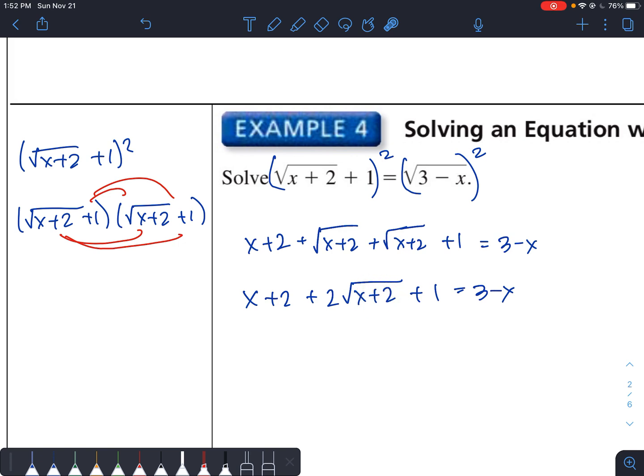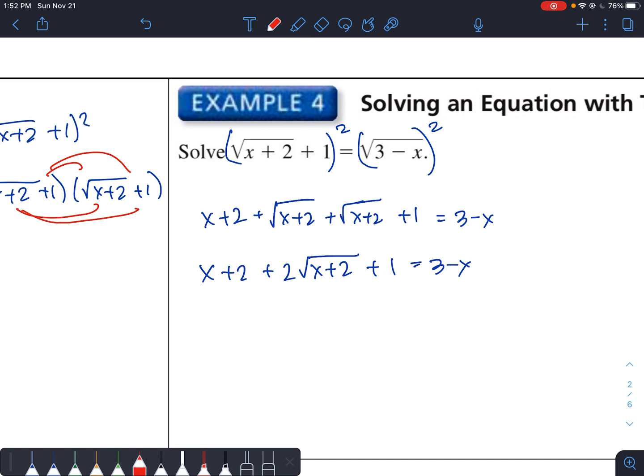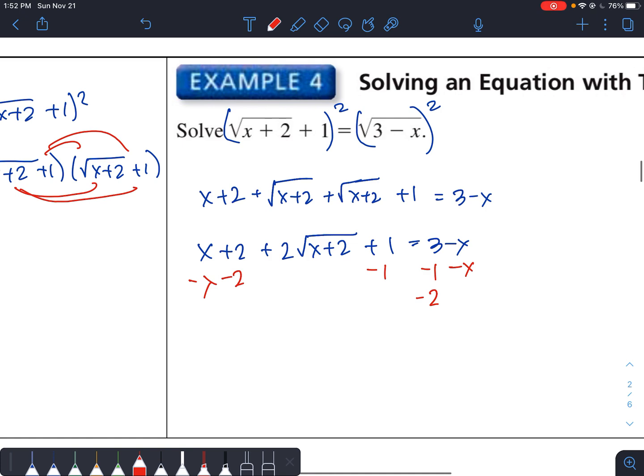So same thing, I want to get this radical expression all by itself. So I would subtract the 1, subtract the 2, and subtract the x on both sides. Then I would be left with only this on the left side.